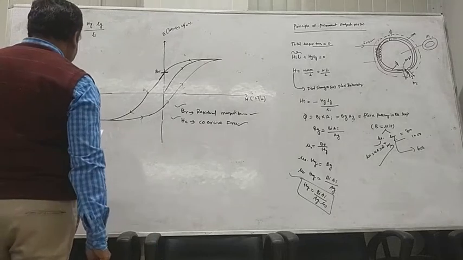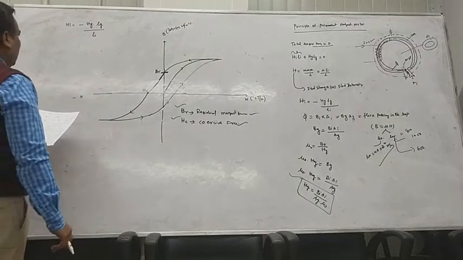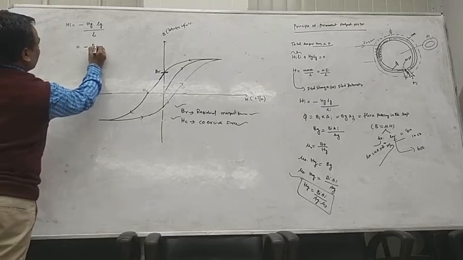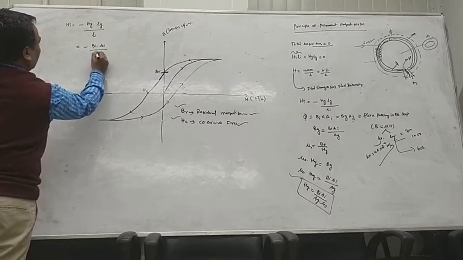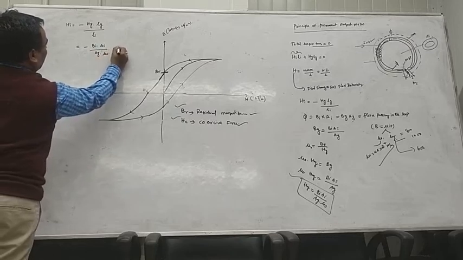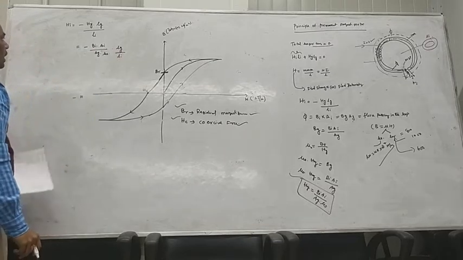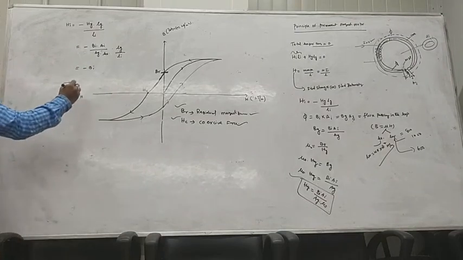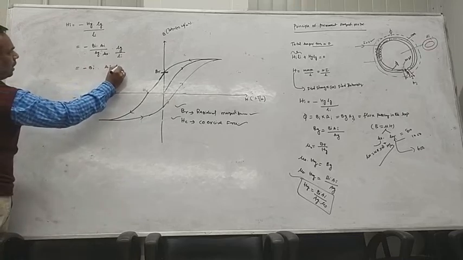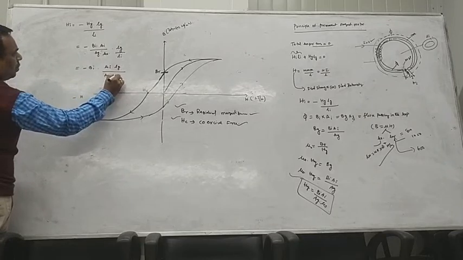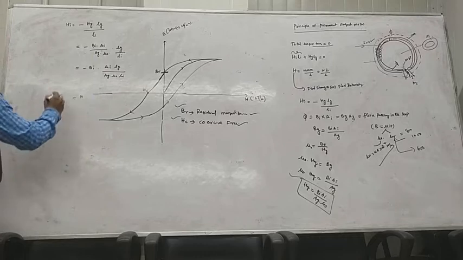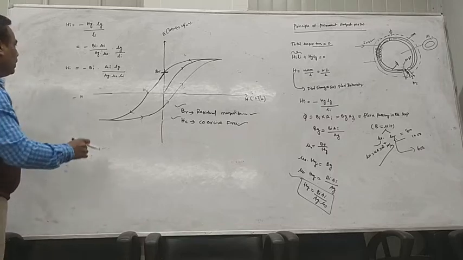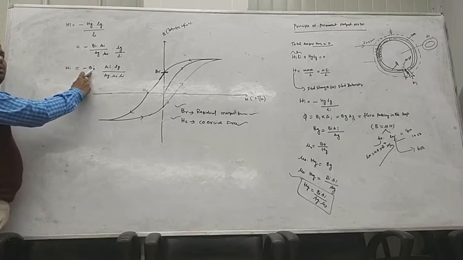So the field intensity Hi is equal to minus of flux density.